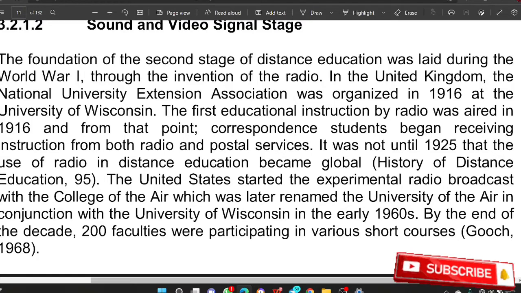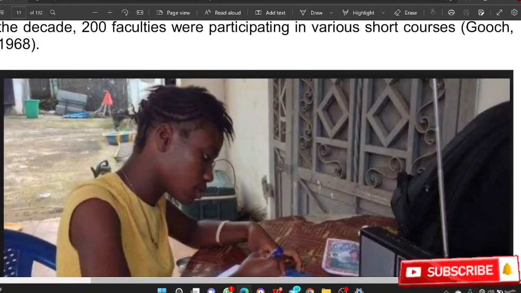By the end of the decade, 200 faculties were participating in various short courses. Gooch, 1968, said so.